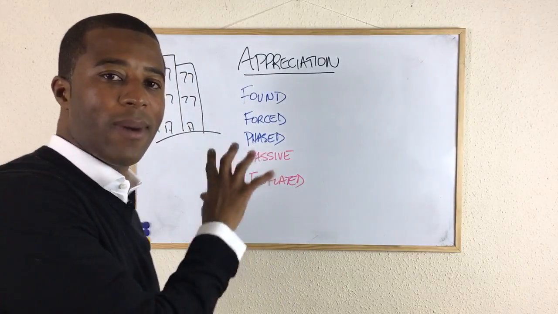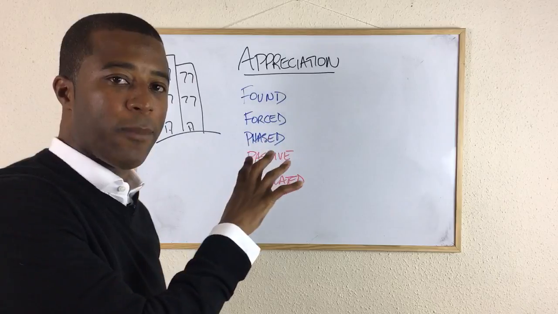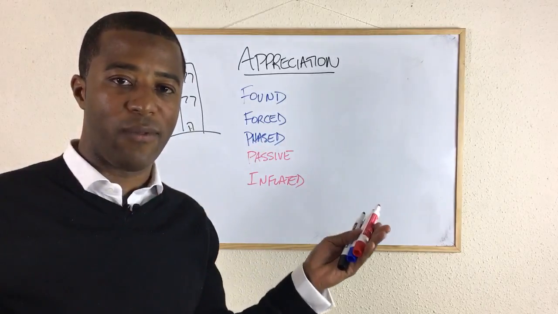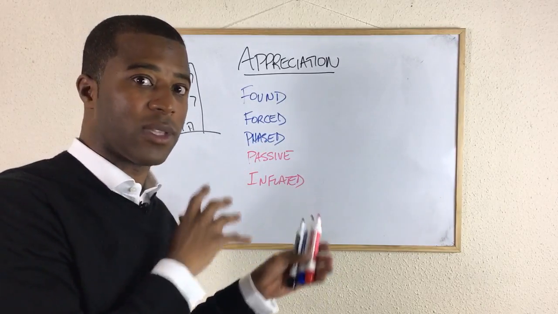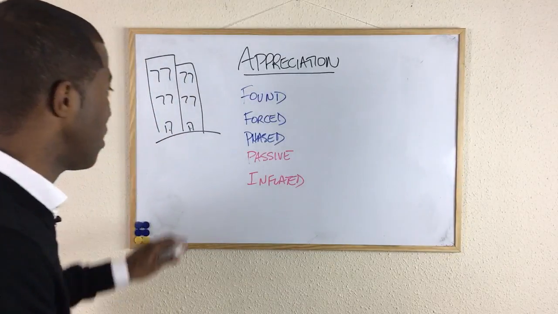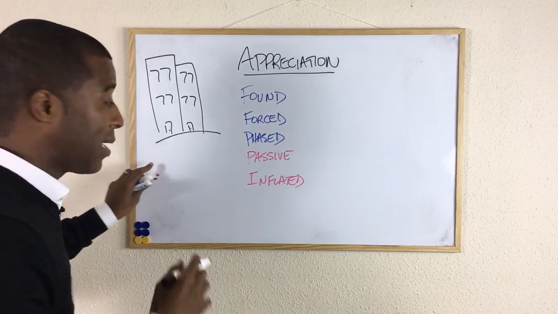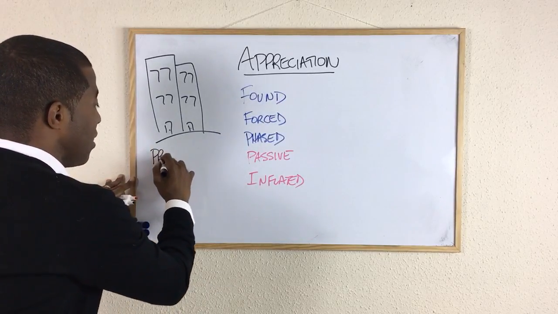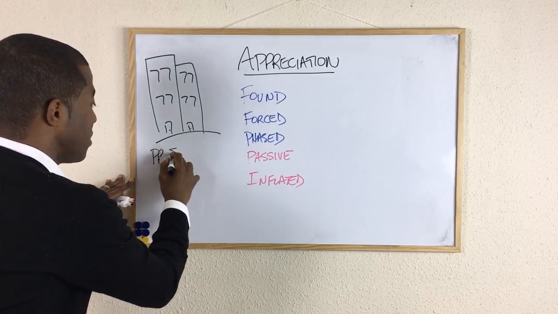So before I talk about these in this specific example, let's talk about the specific multifamily building that we're going to use over the next couple of examples. We're going to say that the purchase price of this building is $1 million.